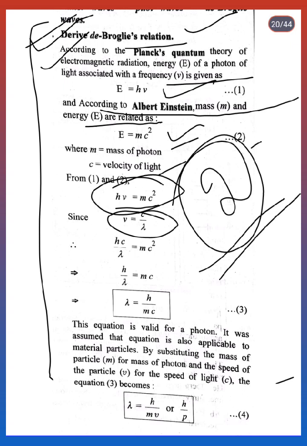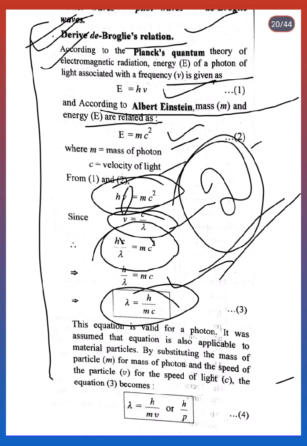As we know, c is equal to mu lambda, so putting the value of mu, h c over lambda equal to mc square. The c cancels, so we get h over lambda equal to mc, and lambda becomes equal to h over mc, where h is the Planck constant, m is the mass of the photon, and c is the velocity of light.